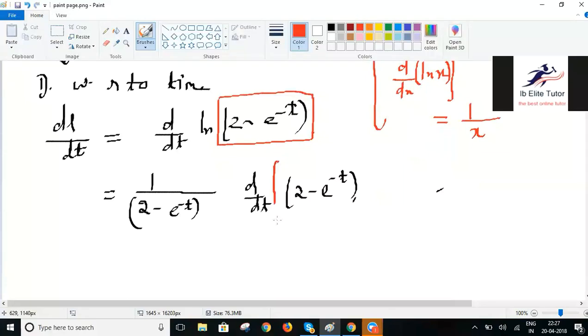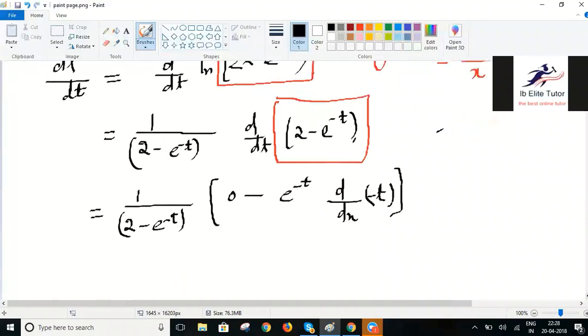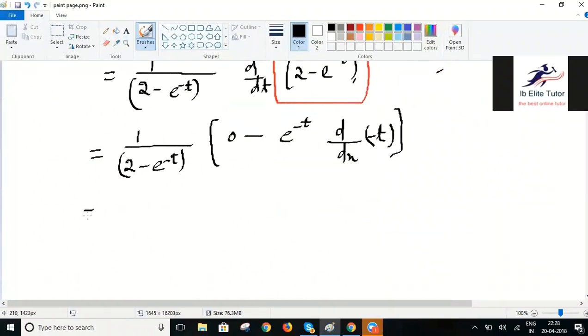So tell me, what will be the differentiation of this specific value? It will be minus e to the power minus t. Great. So this is 0 minus e to the power minus t, but we also need to differentiate minus t.